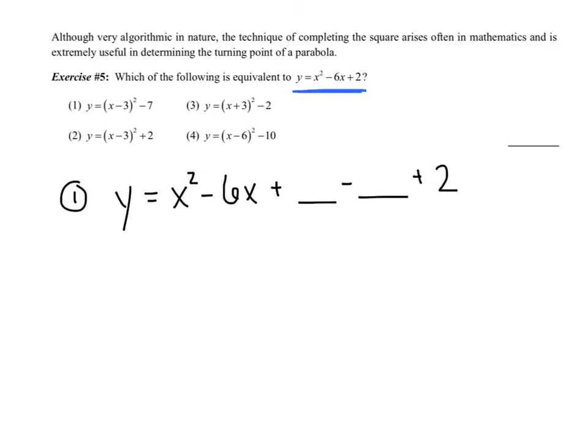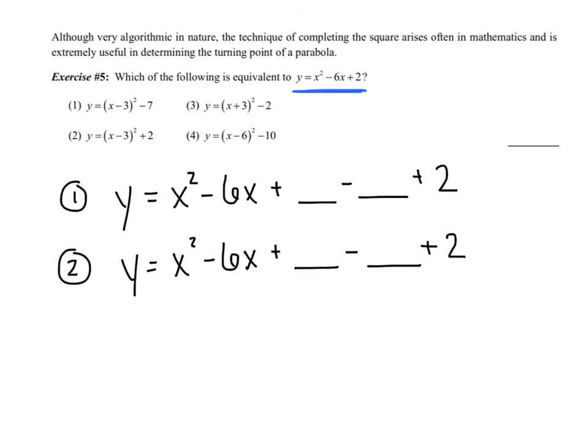Step number 2, I'm going to fill in those spaces with a special number, completing the square. The trick says we're going to take half of your b term, which is negative 6. Half of that is negative 3. If I square it, I get 9. So I'm going to add and subtract 9.